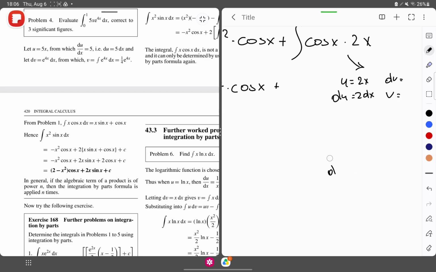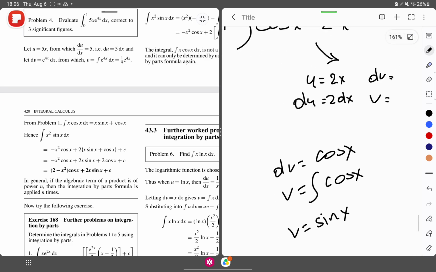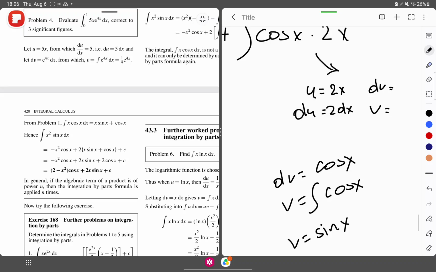What about the cosine? dv is cosine x. The integral of dv gives v, which is the integral of cosine x, and that is sine x. The integral of cosine is always positive sine.